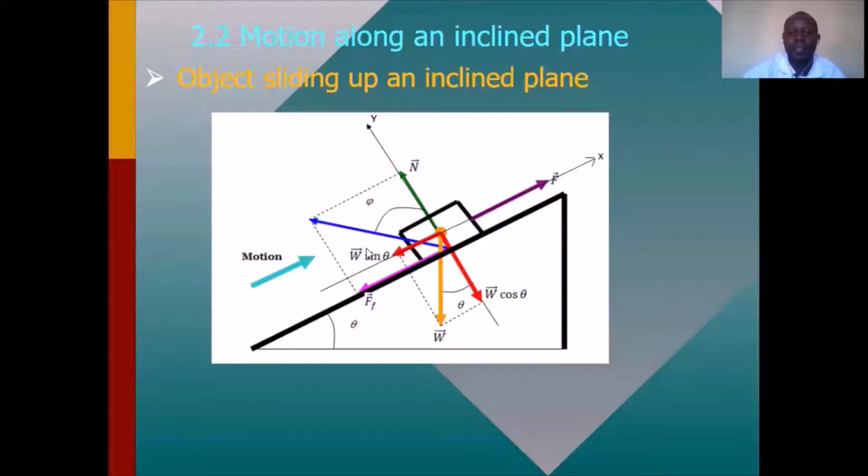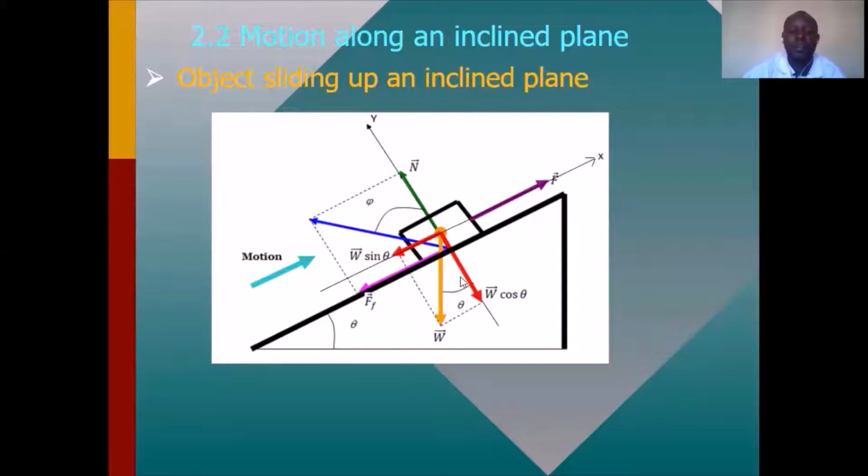That's why we need a big force to move up this object to overcome the weight sine theta and the friction force. Along the y-axis, we have the normal force and we have weight cosine theta.